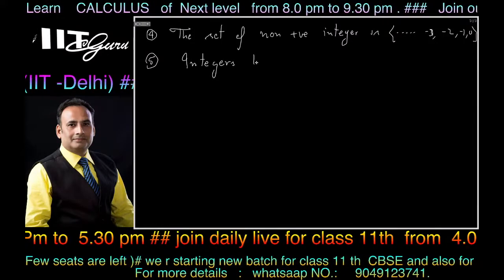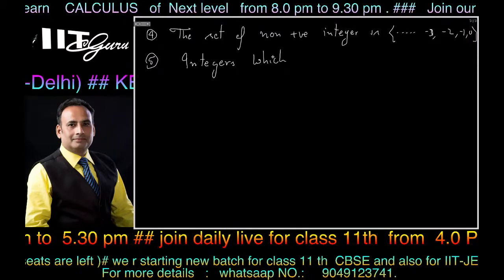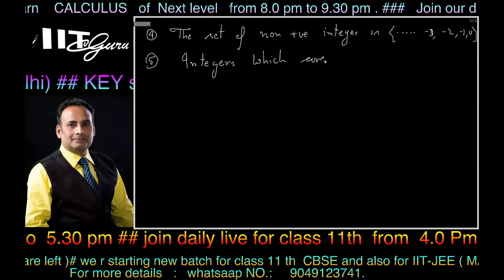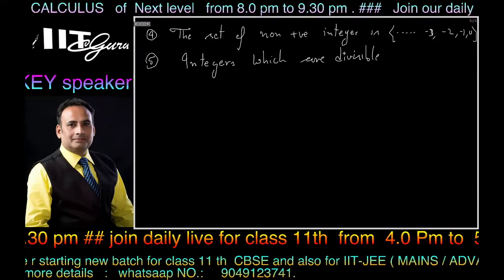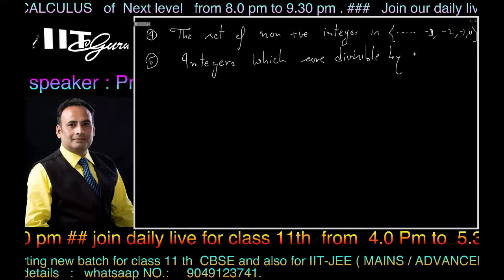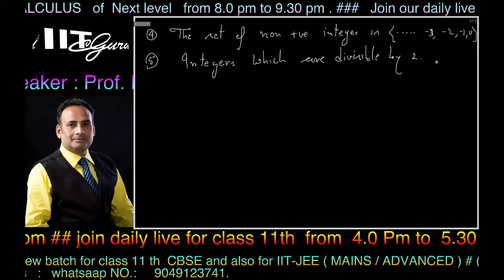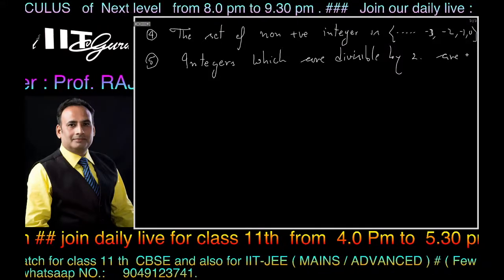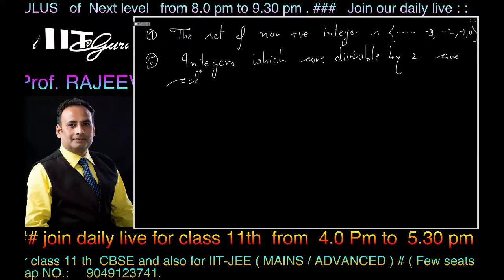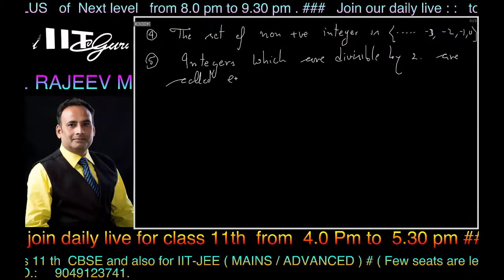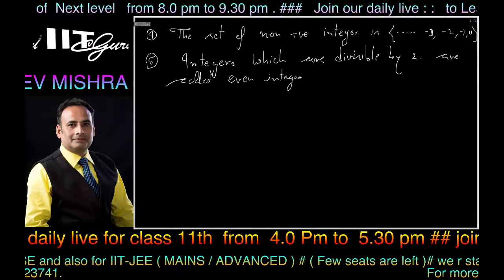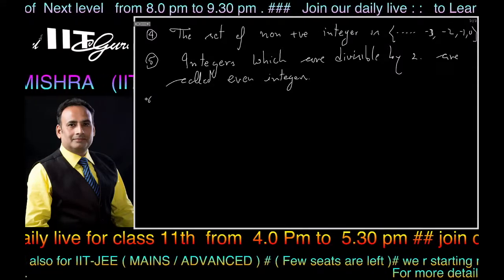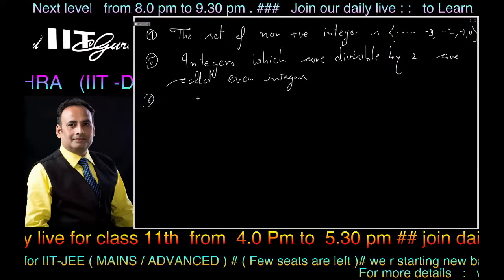Integers which are divisible by 2 are called even integers. Right? Next.